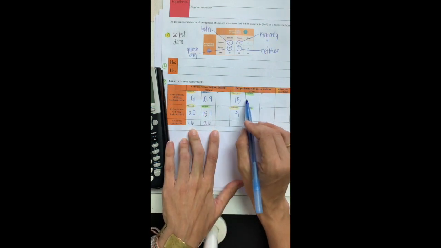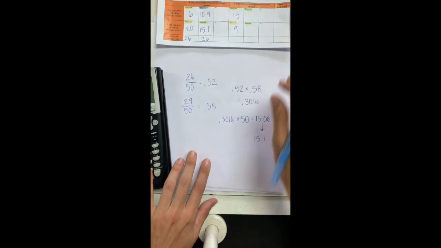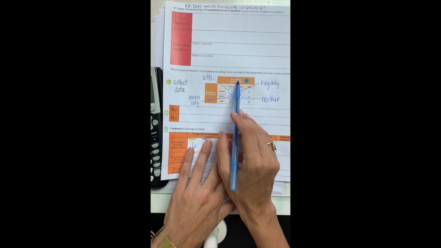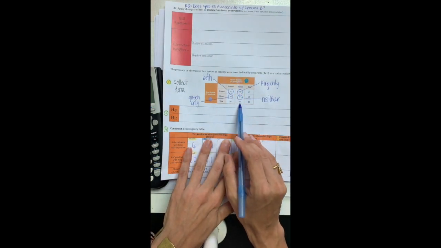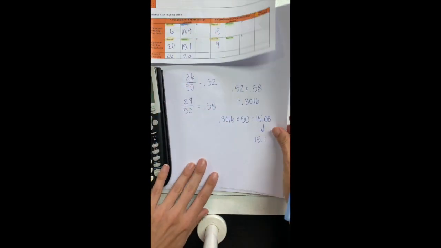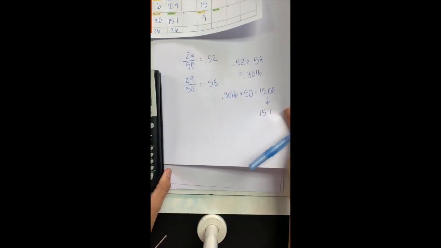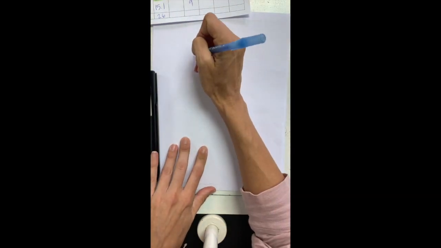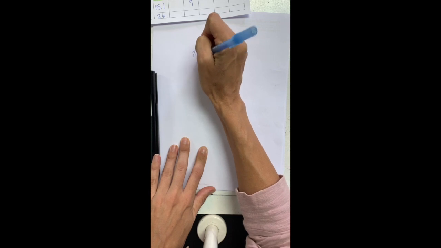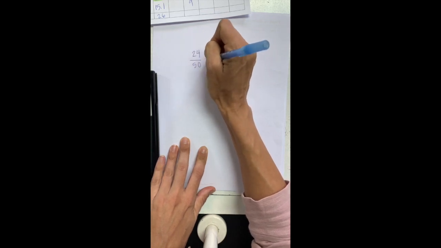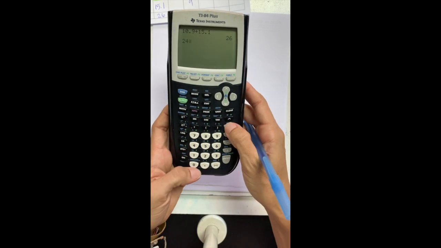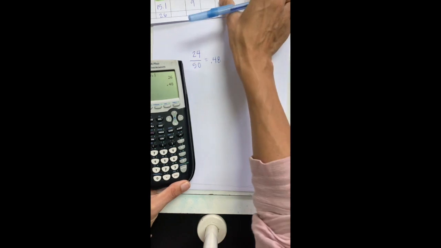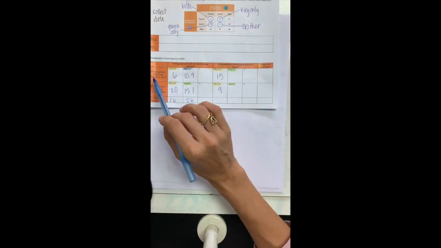So queens absent, looking at queens, absent, the total number is 24. So 24 divided by 50, total quadrants, equals 0.48. Second part here, let's see, here's kings present.